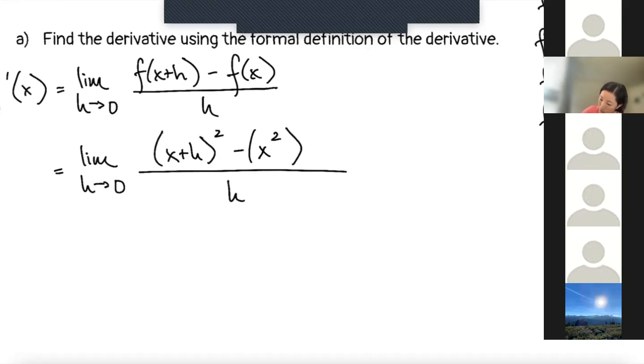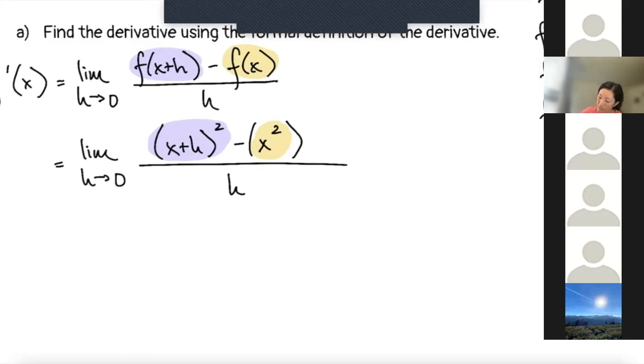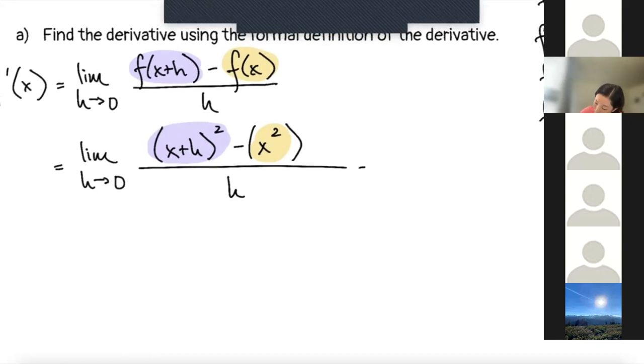So what do we have here? We have our f of x plus h. That became x plus h squared. And we have our f of x, and that became x squared. Okay. Now, if we plug in 0 here, we're going to get x squared minus x squared over 0, or we're going to get 0 over 0. And we've seen that before.